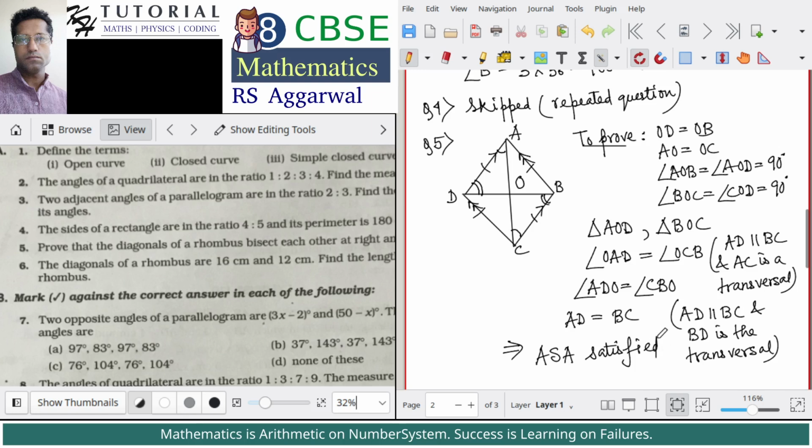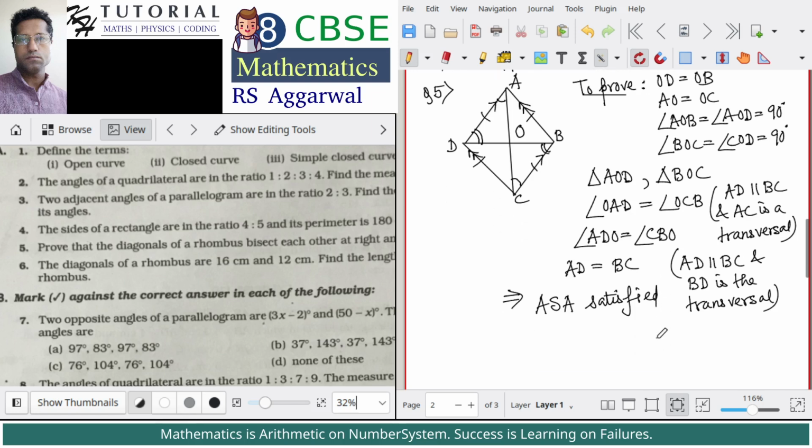Okay, now we have to establish the congruence relation properly. So let's establish the correspondence between the vertices. We have angle OAD equal to angle OCB.